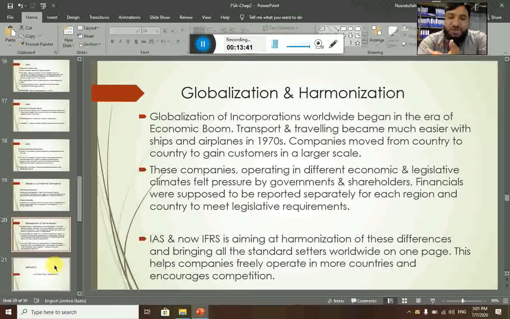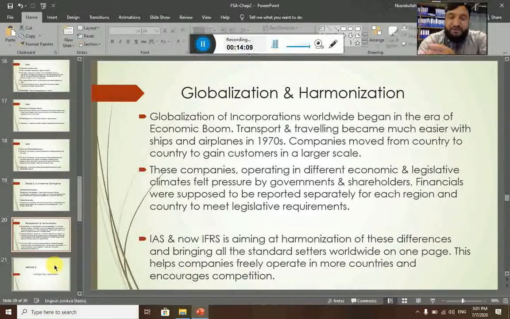These standards have brought all the companies in all the countries to a single platform where they prepare their financial reporting and accounting rules according to International Financial Reporting Standards or GAAP, which are accepted worldwide.